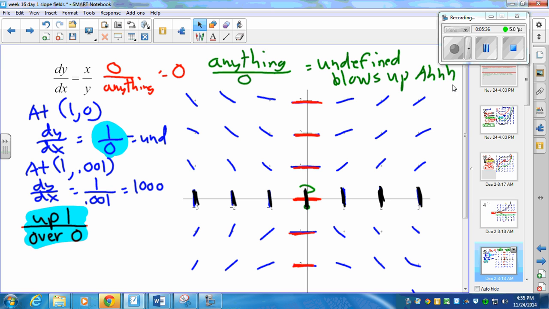So is it red or is it black? Well, 0 divided by 0, it's kind of the red version. It's kind of the black version. So it's too much. It's an overload. Don't do anything. Just leave it blank.